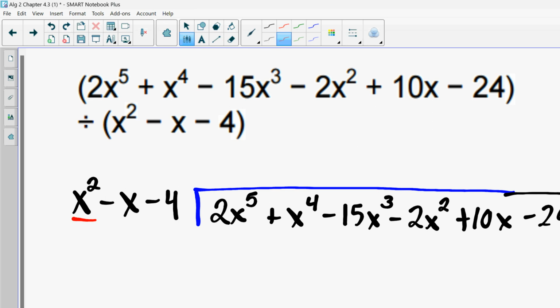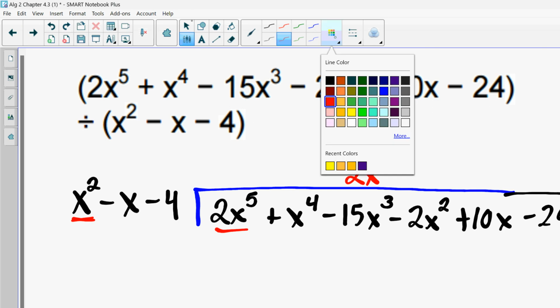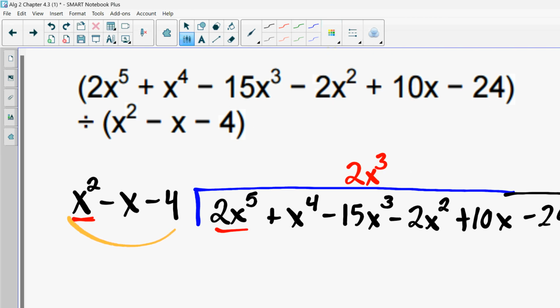And again, the first thing we need to do is see what times x squared will give us 2x to the 5th, so those will cancel. 2x cubed, because we know we will need a 2, and x cubed times x squared does give us x to the 5th. Now, kind of a shortcut to get there is if we look at how many terms we have here.